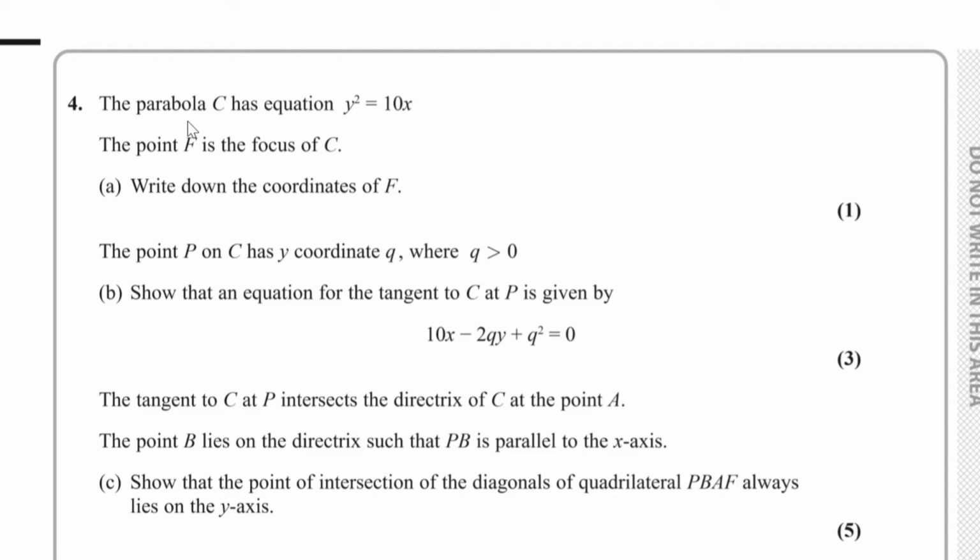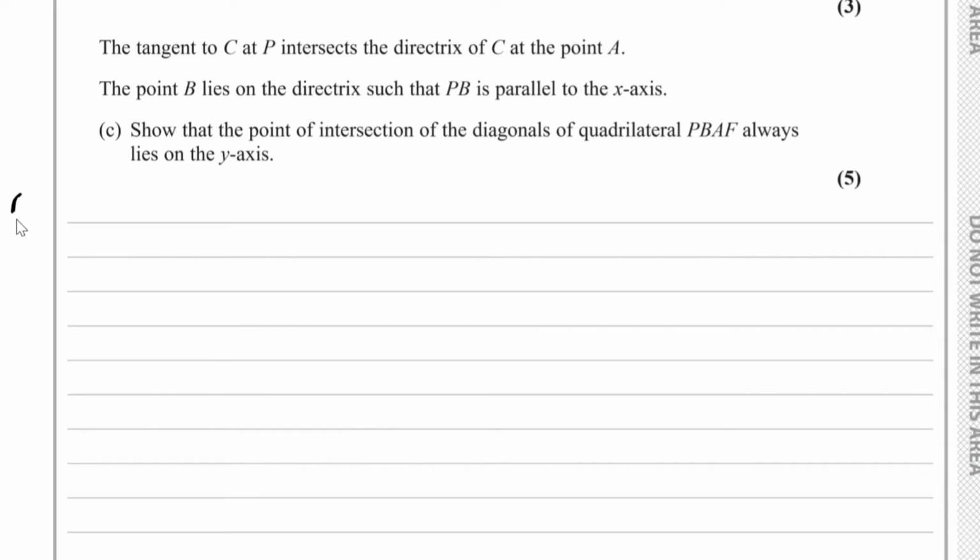Question number 4. The parabola C has equation y squared equals 10x. The point F is the focus of C. For part A, we have to write down the coordinates of F. Well, what we have so far is y squared equals 10x. And if we rewrite this such that we have y squared equals 4ax, we would have y squared equals 4 multiplied by something multiplied by x.